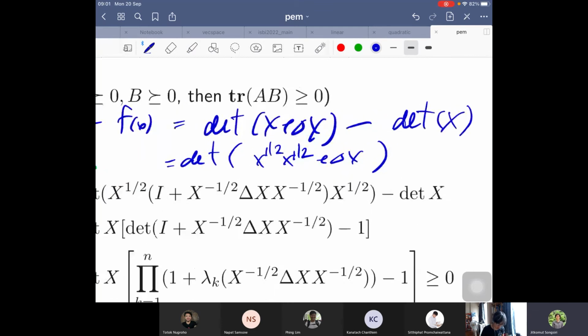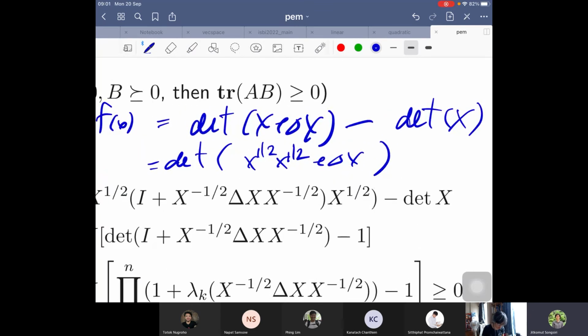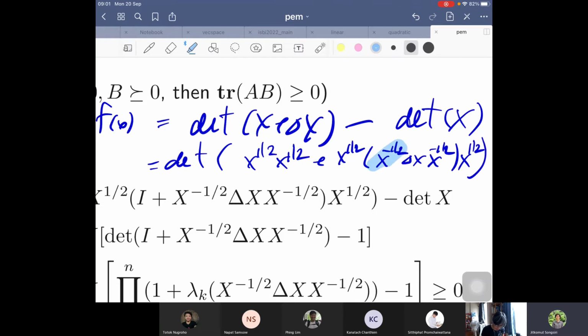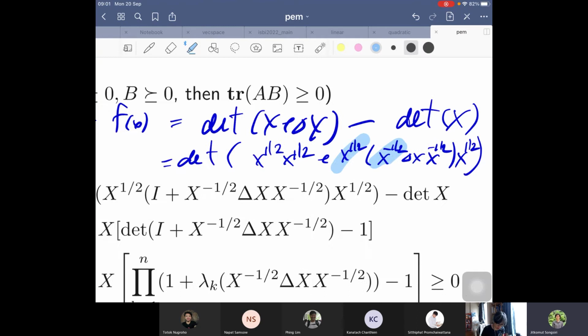But I can also split it: I multiply with the inverse and then the square root, and then it's the same thing.